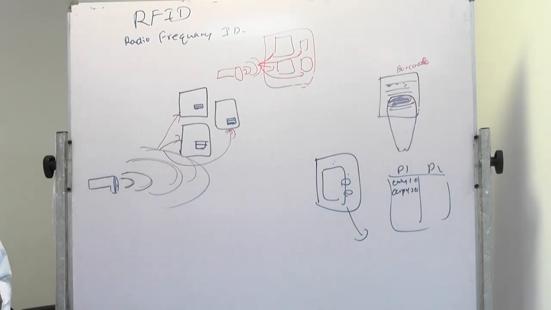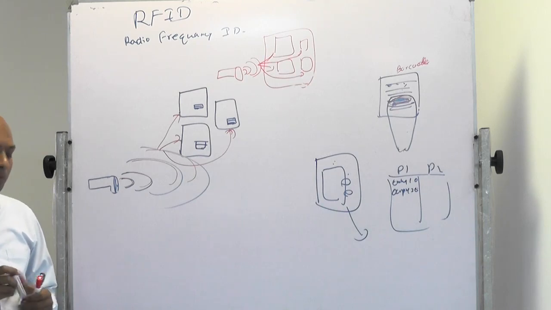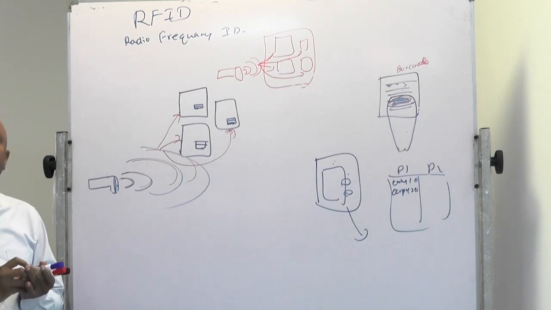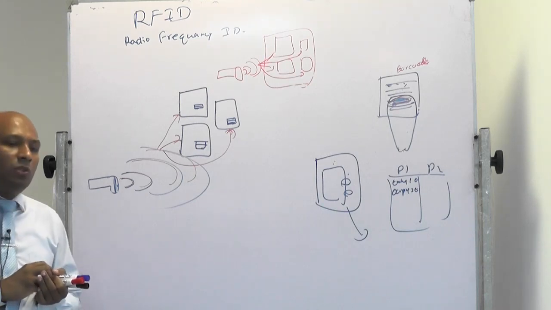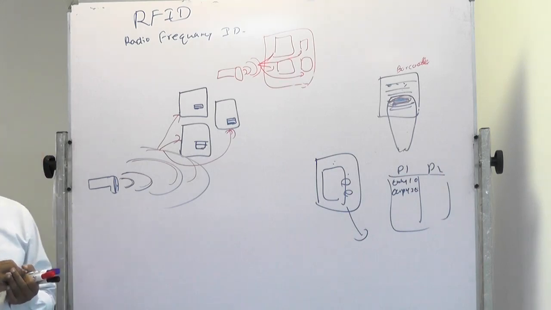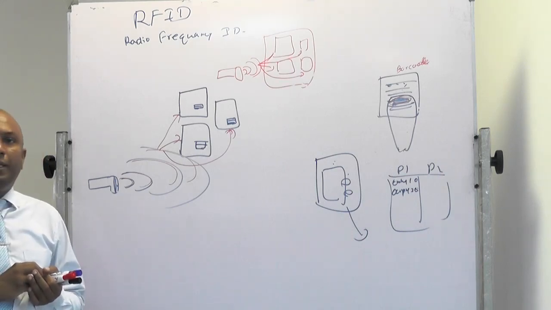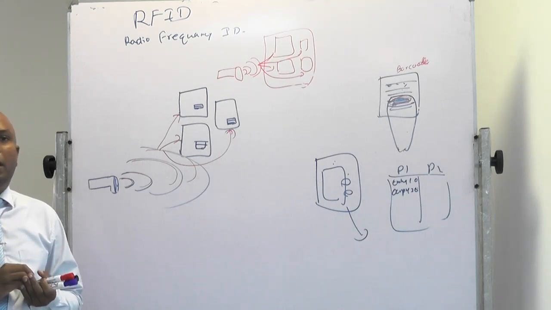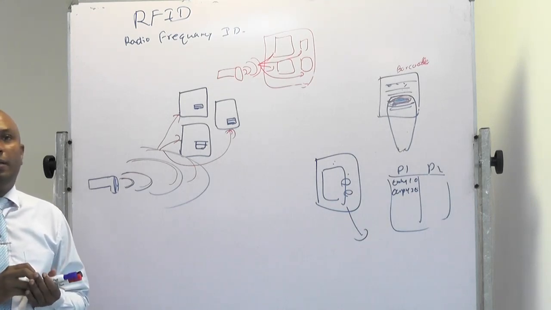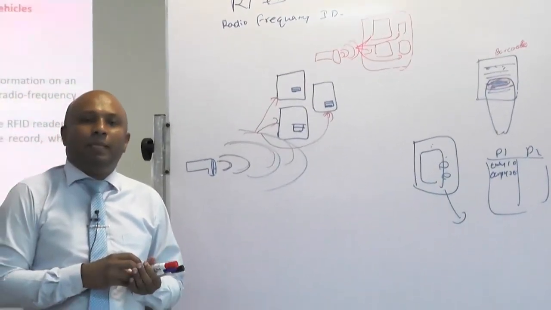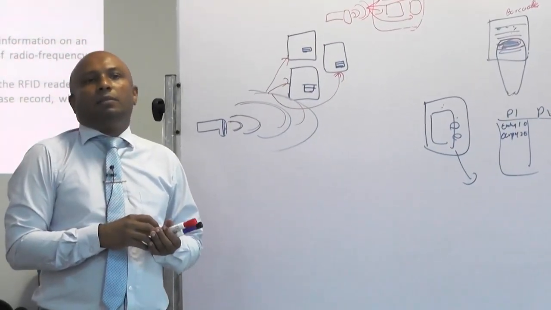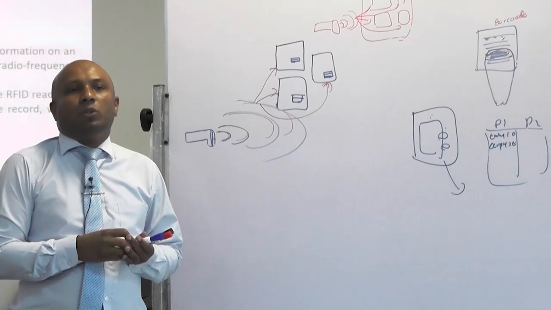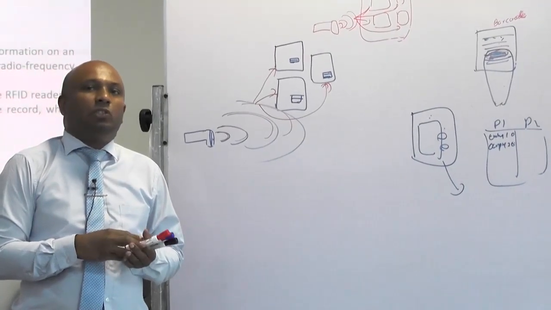In addition, I have seen some organizations, including my own, use RFID tags to enter the office. There are so many rooms in the office, such as the boardroom, and let us say it is an institute.